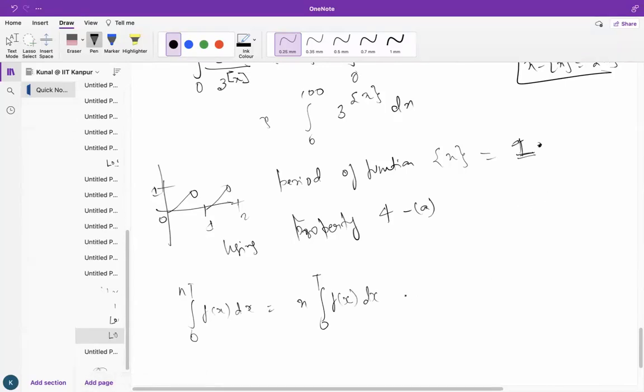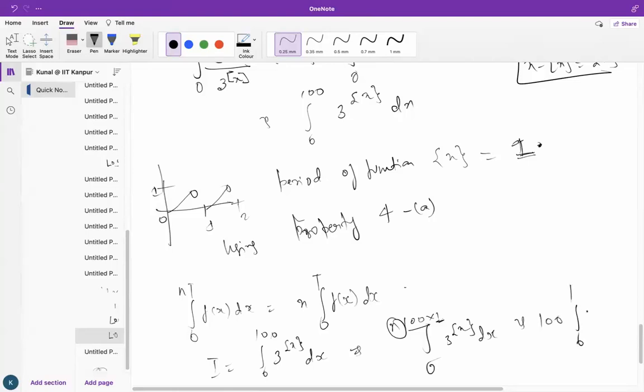So let me rewrite our integrand here. My integral is from 0 to 100 of 3 to the power fractional part of x dx. What we have to do here is write it like 100 times 1. So this is our n value and this is our period. In the next step, we are integrating from 0 to 1, 3 to the power x dx.